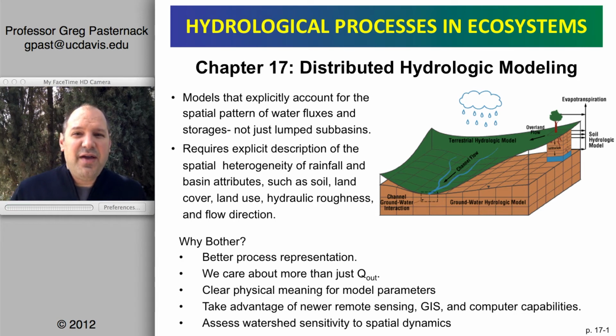And then we have vastly superior computer technologies to solve more complicated problems than we could before. Lastly, it might really matter to us to understand the spatial patterns of the water balance inside the watershed and not just see the overall fluxes. So that's where distributed hydrological modeling comes into play.